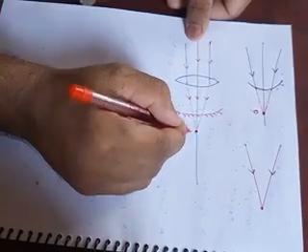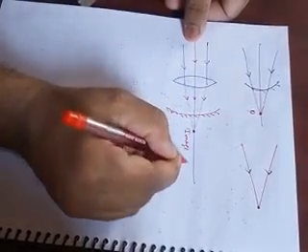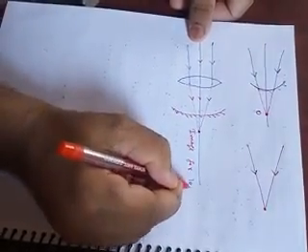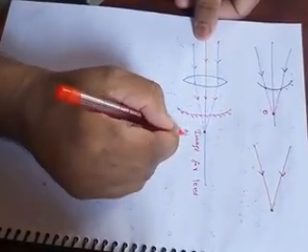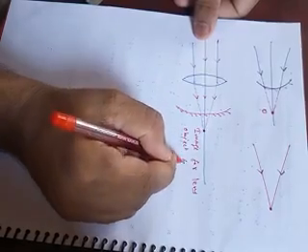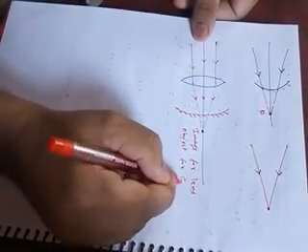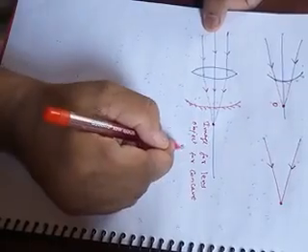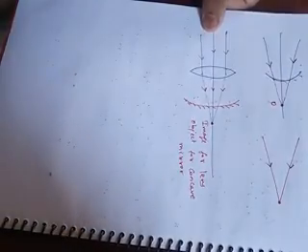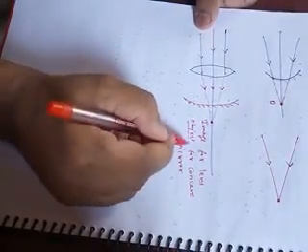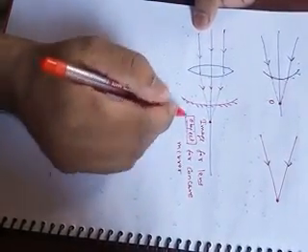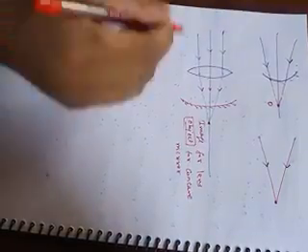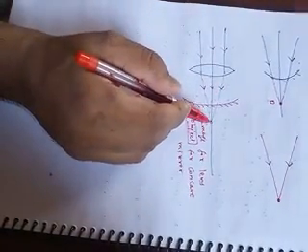So this point is the image for the lens, and the same point is the object for the mirror. This is the concave mirror, right? In this case the object for the concave mirror will be a virtual object, because these rays are not actually meeting here.